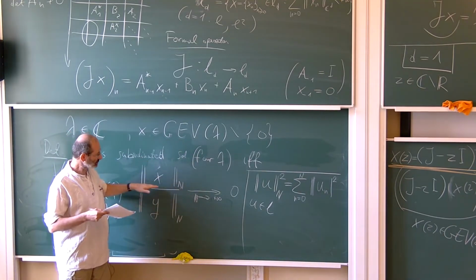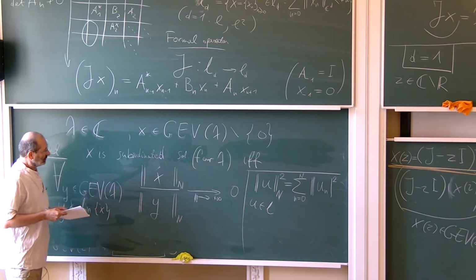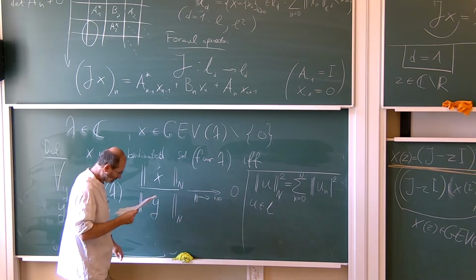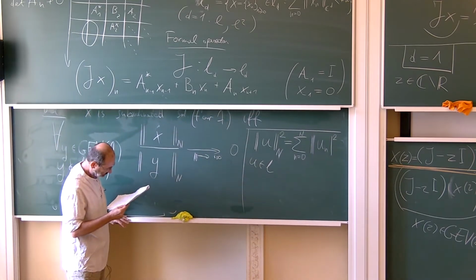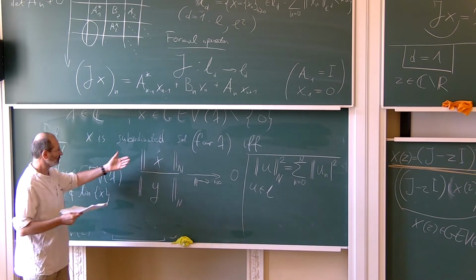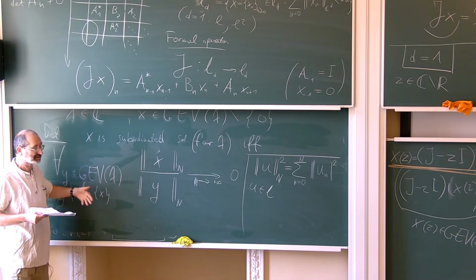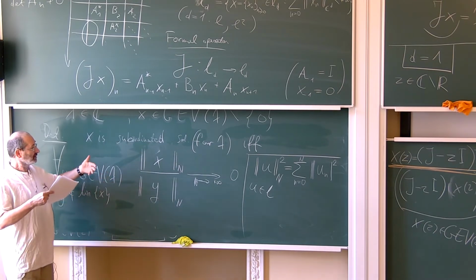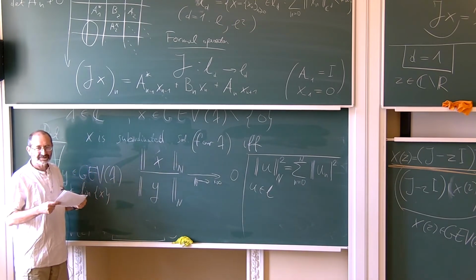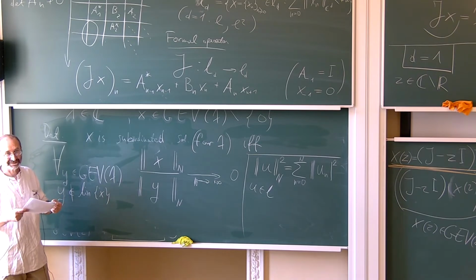In some sense it's small because the limit is 0. Okay, so this is the definition. And of course, when we have a subordinated solution and we multiply it by a constant, it's also subordinated. So this is the smallest up to linear dependence, maybe we should say.